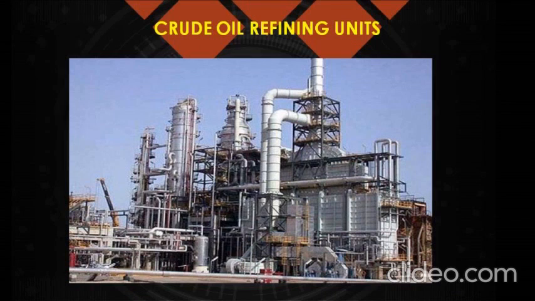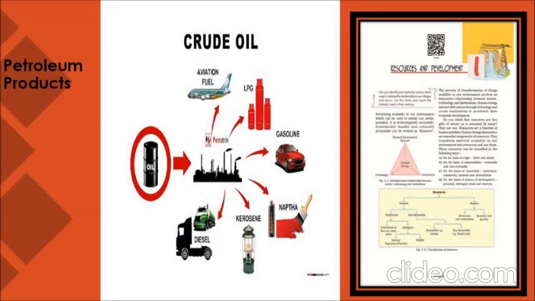Now, let's talk about the second condition, which is economically feasible. In this example of petroleum, now we'll see how this has been economically feasible for those countries where the oil reservoir is there. If I talk about oil reservoirs in the world, then there are some countries like Saudi Arabia, Canada and Iran.